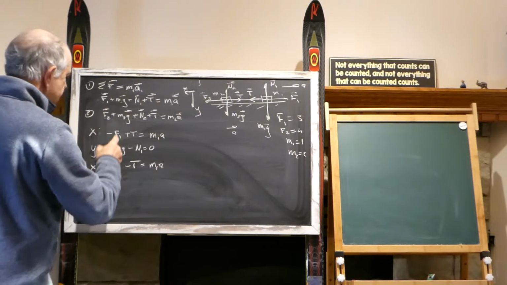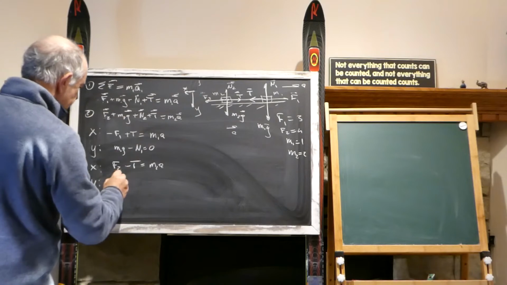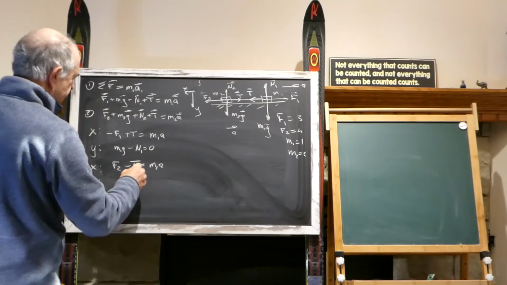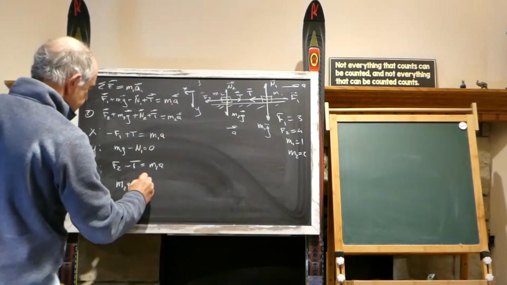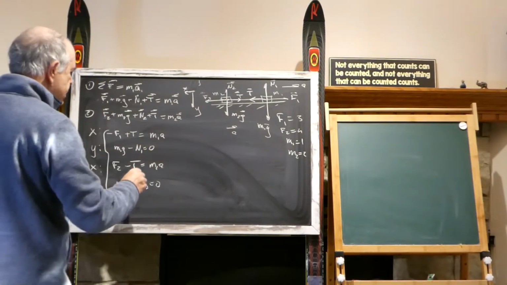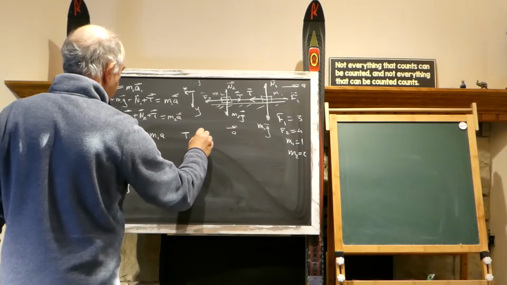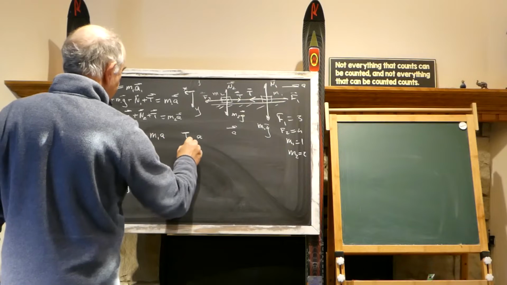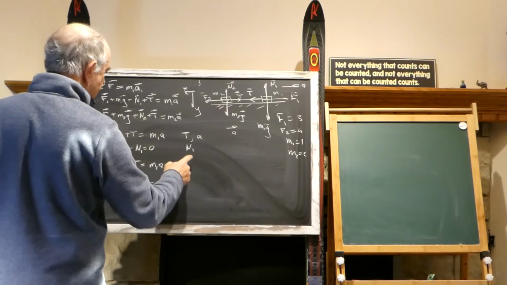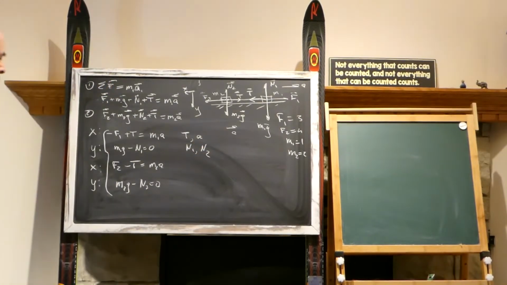And y for this body: F2 is 0, M2G is down, N2 up, so it's negative, equals 0. 4 equations. T is unknown, A is unknown, N1 is unknown, N2 is another unknown. 4 equations, 4 unknowns.